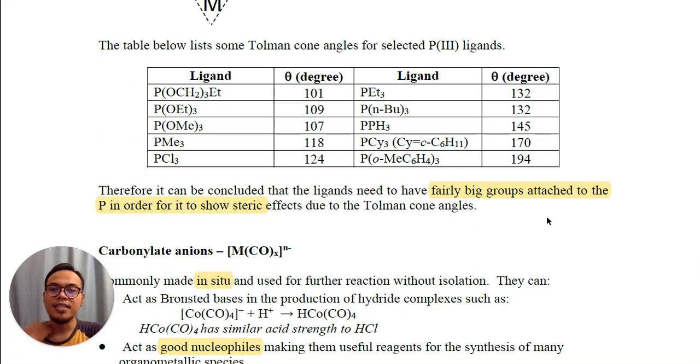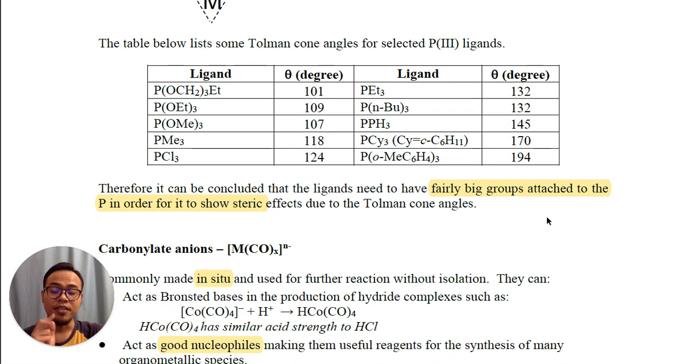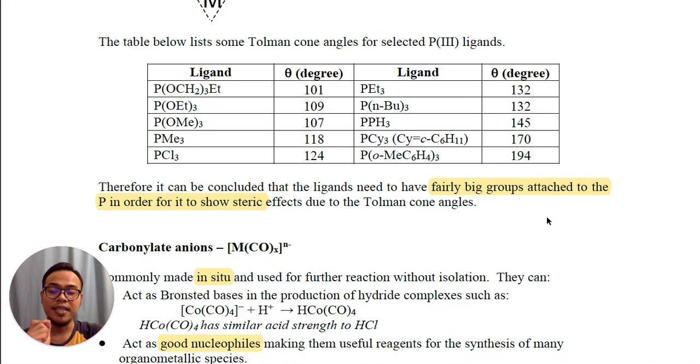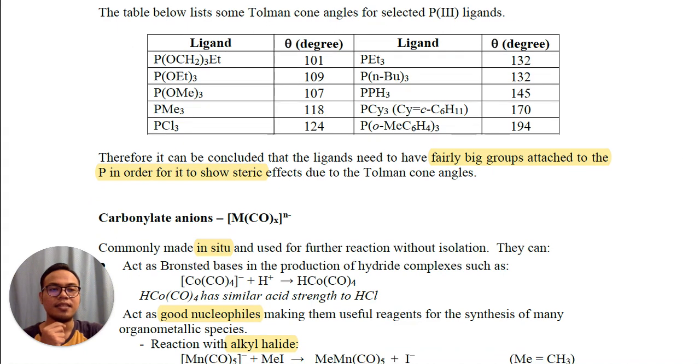I hope you understand the concept of substituted carbonyls, meaning you can substitute the carbonyl with something else, like a phosphine or phosphate. And for phosphine and phosphate, the strength is determined by two factors. One is electronegativity or electron withdrawing ability, and second is the steric factor.